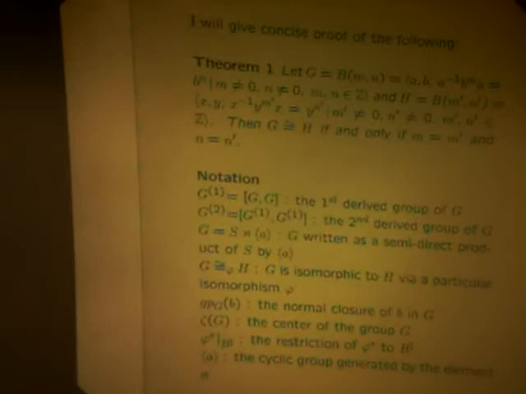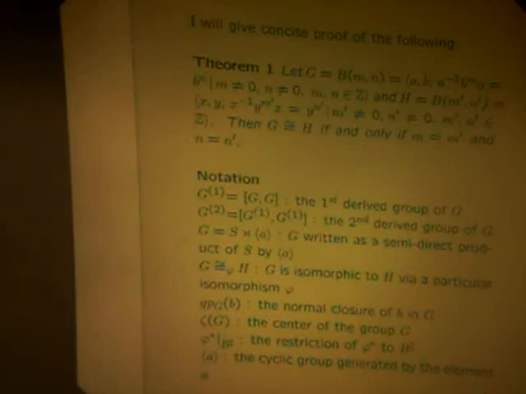Same procedure, m', n' not 0, and they are in Z. So then G is isomorphic to H if and only if m is equal to m', and n is equal to n'.